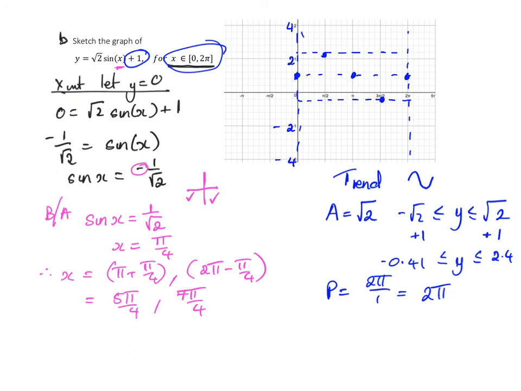And we know that we've actually worked out our x-intercepts. Obviously, on this side here, it doesn't cut the x-axis, but it cuts the x-axis there and there. So is that 5 pi on 4? Yep, 5 pi on 4 and 0. And this one over here is 7 pi on 4 and 0. So that is the graph of root 2 sine x plus 1 between 0 and 2 pi.